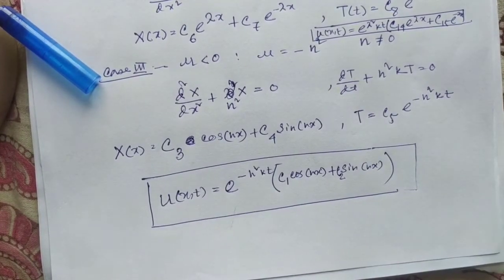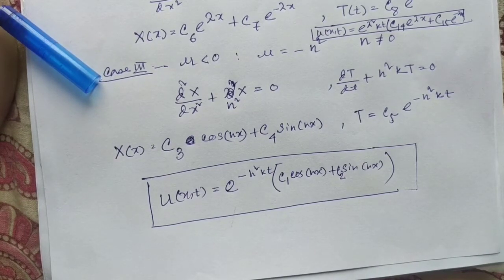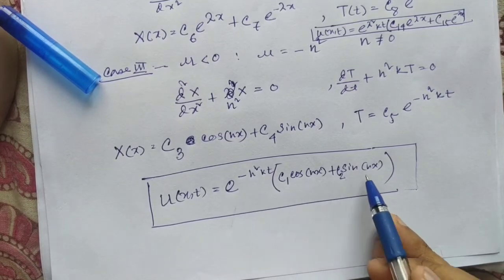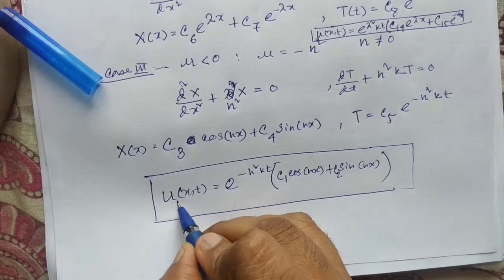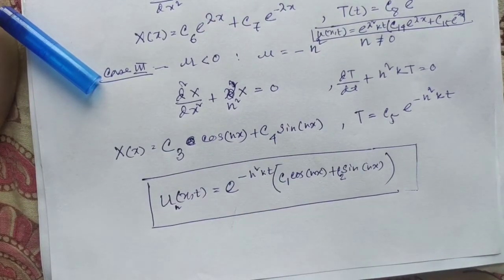Okay, so this may be a solution, but we'll follow one thing: whenever you are writing such a thing, this solution depends on the value of n. So actually this can be written as some u_n(x,t), right? Because this is mandatorily depending on n.